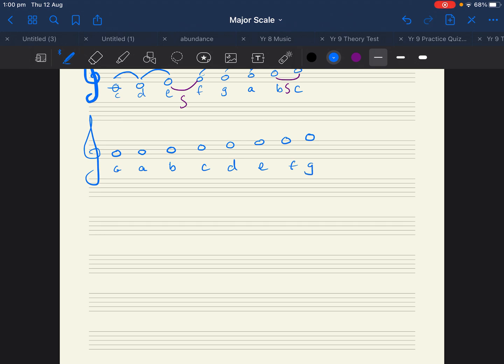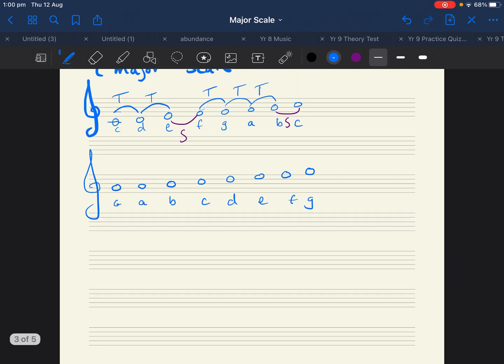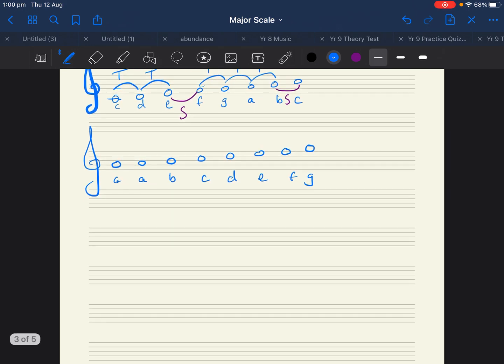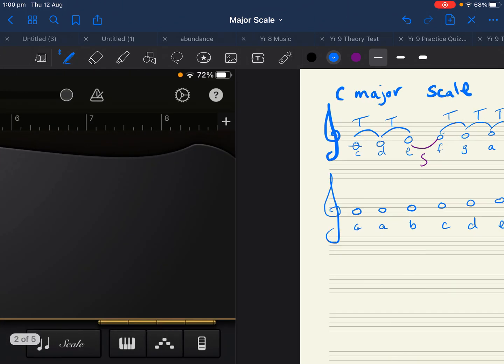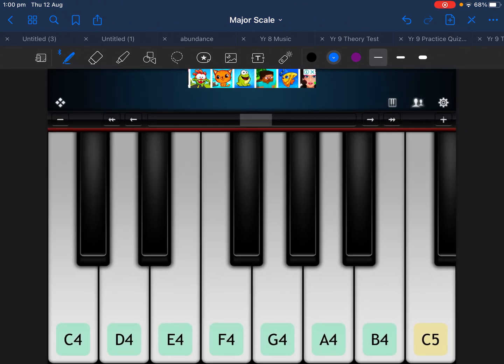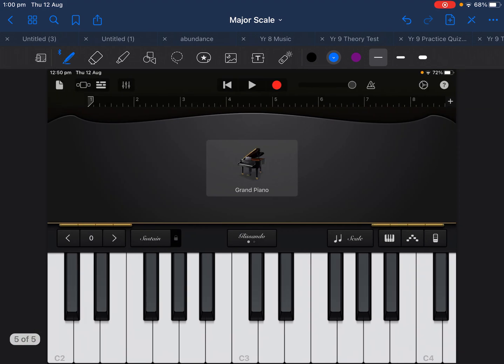So we're using the same structure up there. So from G to A, now is that a tone? Let's have a look. I've got another keyboard here. This keyboard here. Okay, so this is G here.